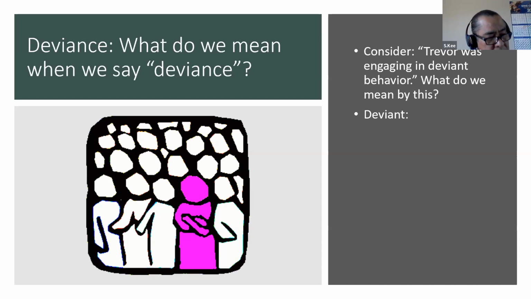Deviant would probably mean, in a school setting, what the norm would be. Yeah. Can you give an example of what the norm might be and what Trevor might be doing that would be deviant? Well, let's say there's a dress code at the school, and that individual might be wearing something that is not the norm.